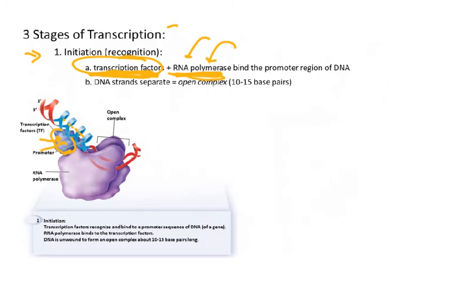Also in step 1, or this initiation phase, the RNA polymerase is going to create this open complex where it is breaking the hydrogen bonds between the 2 strands of DNA, opening up the DNA, and revealing these nitrogenous base codes so that we have something that we can use in order to bring in our new nucleotides.